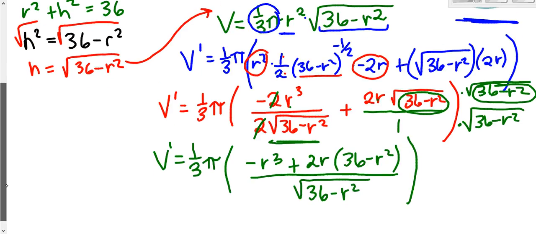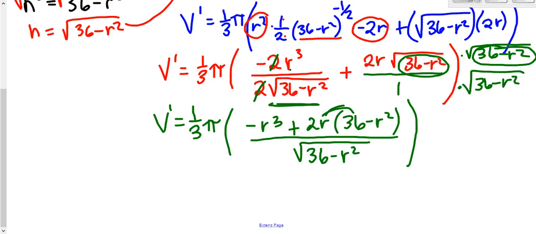Okay, now we can distribute. That will be 36 times 2, 72, r minus 2r cubed.